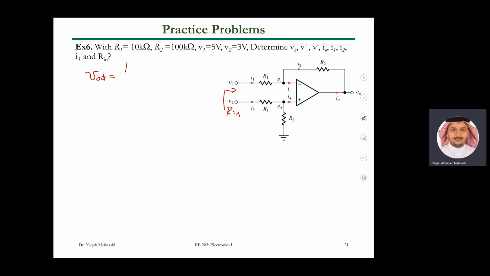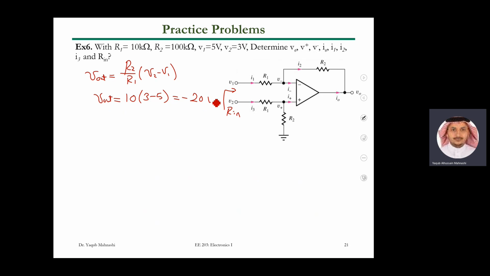So it will be R2 over R1 multiplied by V2 minus V1. What is R2? It is given, right? Yes. 100 over 10. So this is 10 multiplied by V2. How much is V2? 3 volts minus 5. Is it? Yes. And how much of V out?